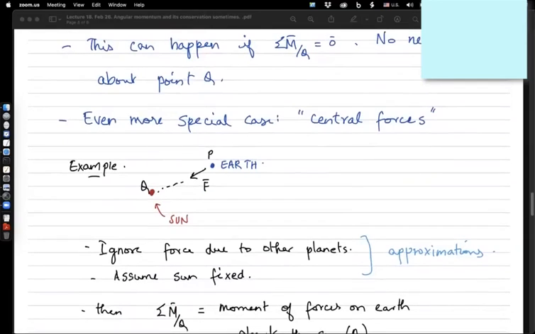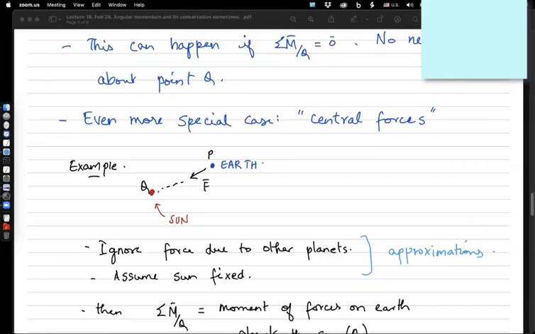A very special case is the so-called central forces case. What does this mean? Well, basically this following example. This is the most famous example. This is famous for lots of reasons, which we shall talk about perhaps at the end of this.